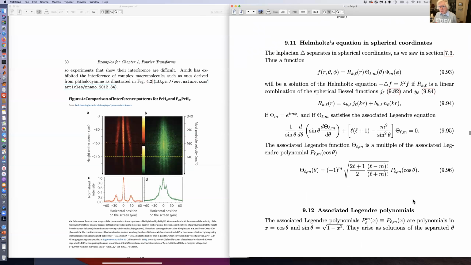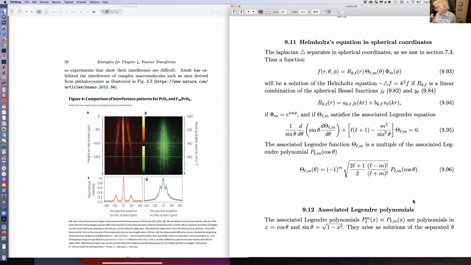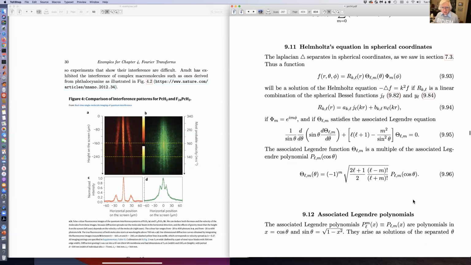Okay, so now what about the general case, which is Helmholtz's equation in spherical coordinates. Well, we know that the Laplacian separates in spherical coordinates, and so we write f as a function of r times a function of theta times a function of phi, and that'll be a solution if R is a linear combination of spherical Bessel functions.